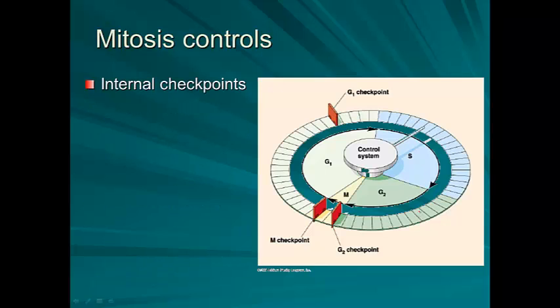Now, as I sort of alluded to before, mitosis has checkpoints. This is an actually highly controlled process. It has to be, right?